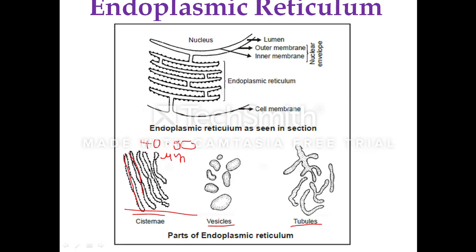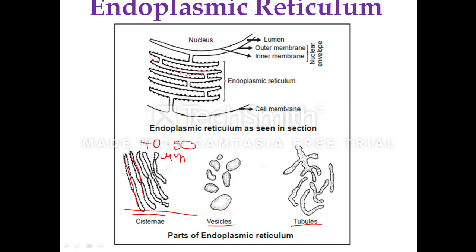The rough endoplasmic reticulum mostly exists as cisternae. The rough endoplasmic reticulum is studded with 70S ribosomes on its surface, due to which the surface of these cisternae or lamellae will not be smooth. Such endoplasmic reticulum is called rough endoplasmic reticulum.